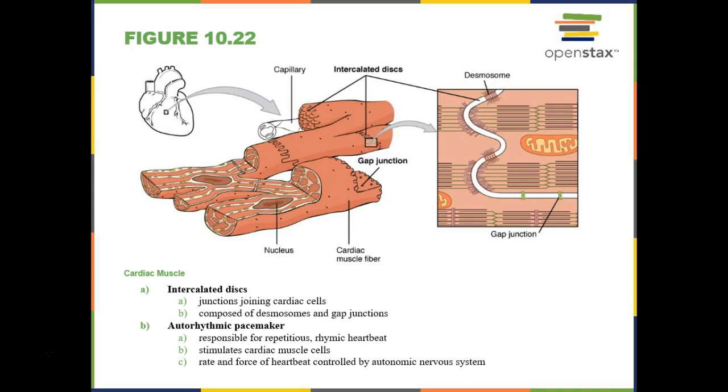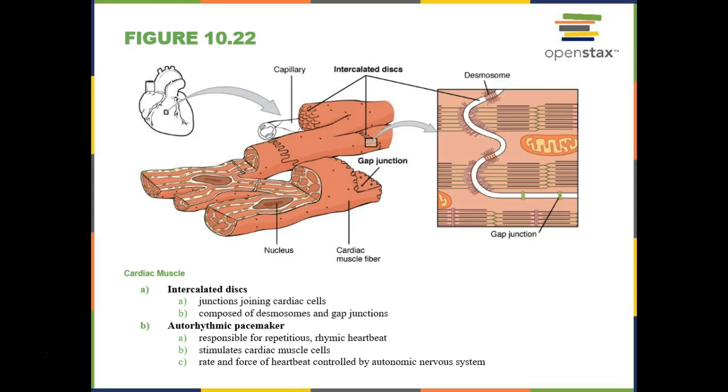Cardiac muscle also does not need any innervation by the nervous system. The nervous system does innervate cardiac muscle, but it doesn't need that innervation. So cardiac muscle contracts on its own. It has pacemaker cells.